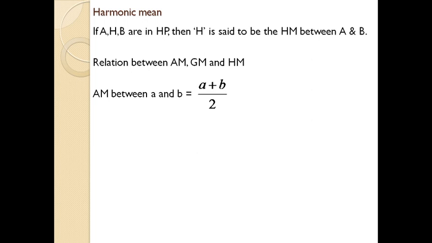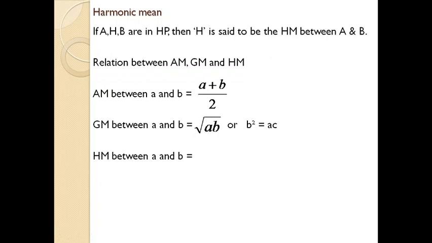Geometric mean between A and B, we know that it is b square equal to ac, and it can be written as root of ab, because b square equal to ac means b equals root of ab. Next, the harmonic mean between a and b is, remember this one, 2ab divided by a plus b.